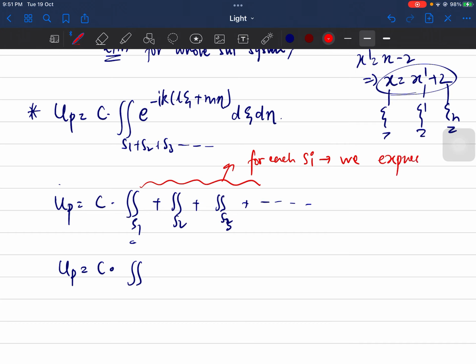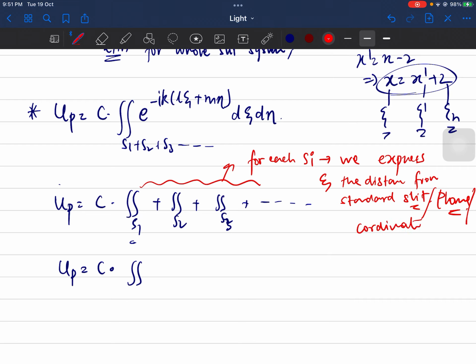We express xi, the distance from the standard slit or plane or coordinate system, the standard coordinate system, which is xi.